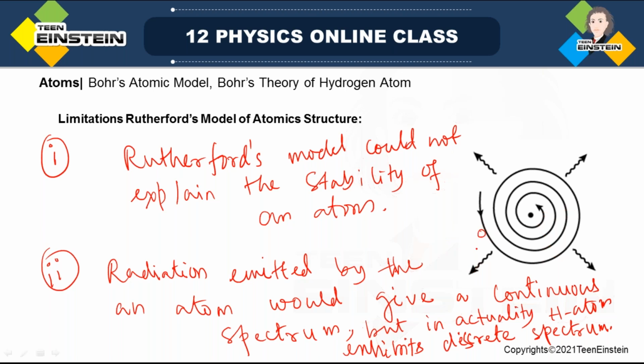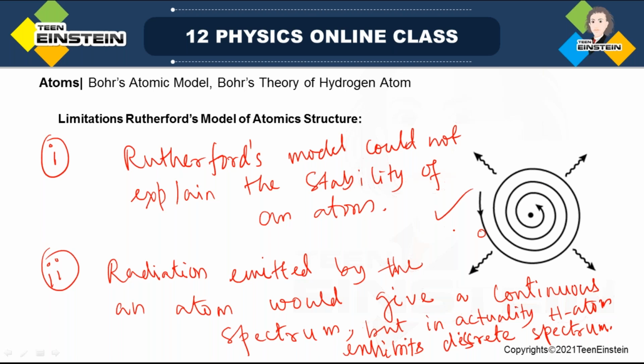So then another drawback was there, that is radiation. According to this model of Rutherford, the electron is releasing energy continuously. So you must be getting a continuous atomic spectrum according to Rutherford's atomic model. But what we see is that the hydrogen atom exhibits a discrete spectrum.